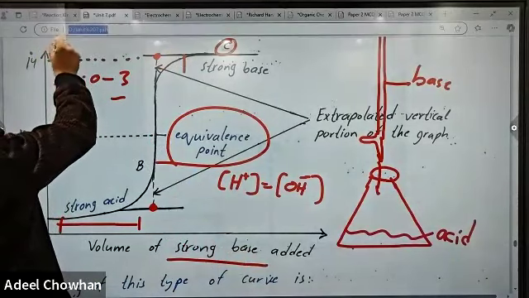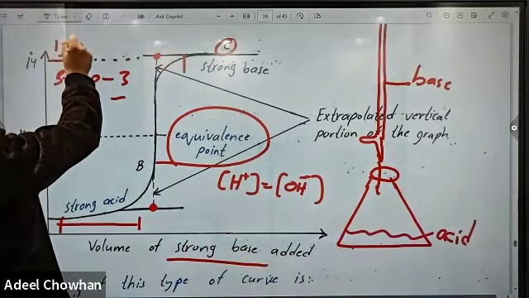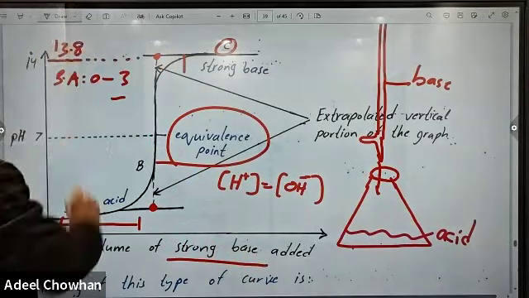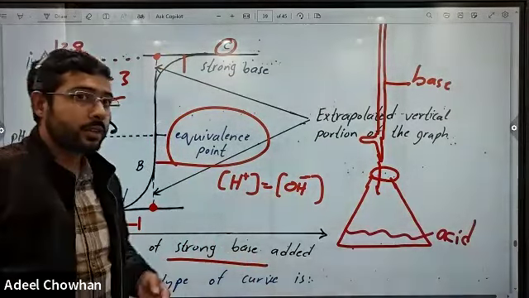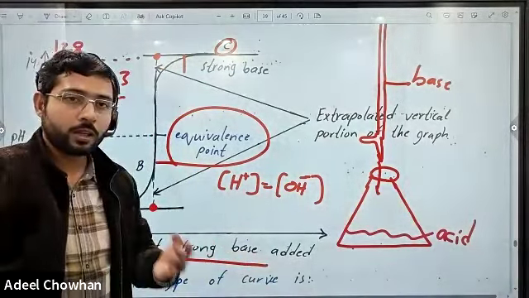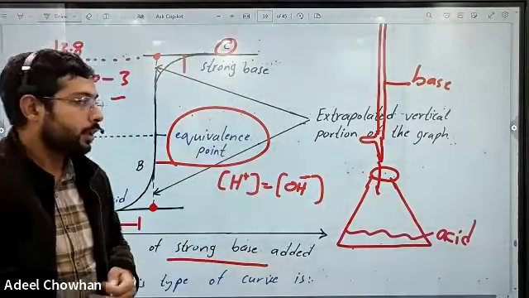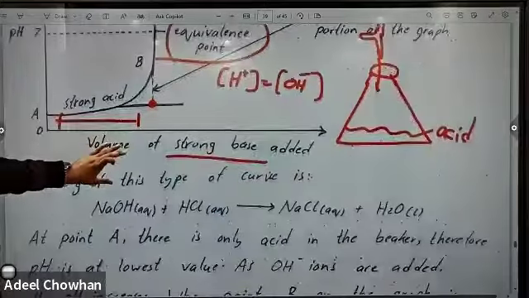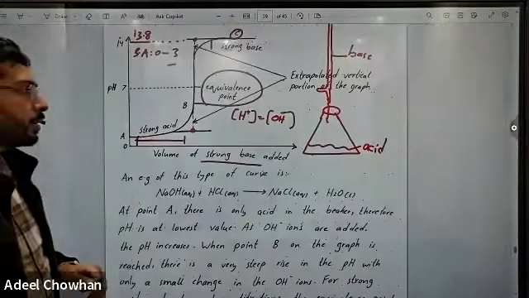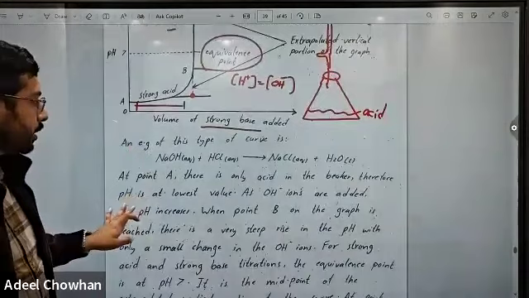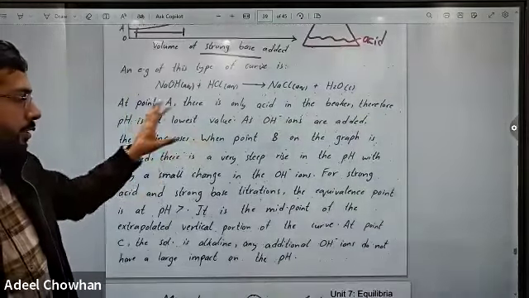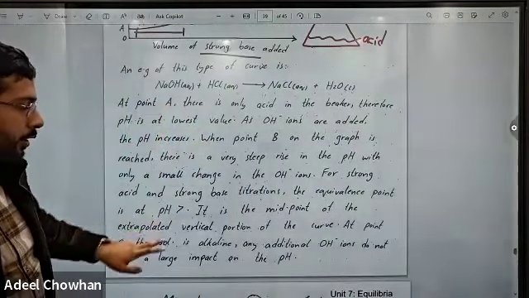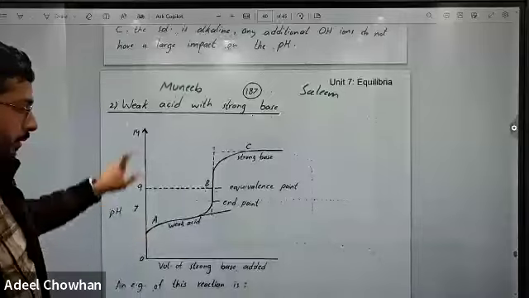Let's suppose 13.8, 13.7, 13.6. So this value indicates that the strong base has now filled the flask in the majority of the portion. So this was the titration curve for this combination, and all the information is included in this passage, which is already explained.